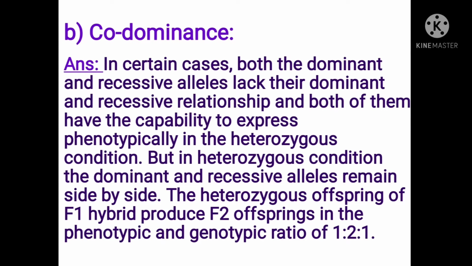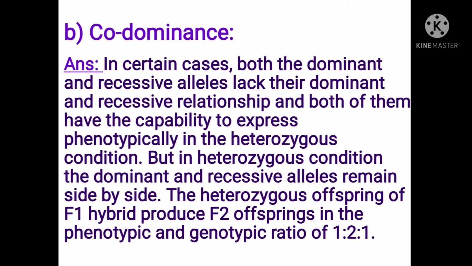Number B. Codominance. In certain cases, both the dominant and recessive alleles lack their dominant and recessive relationship, and both of them have the capability to express phenotypically in the heterozygous condition.